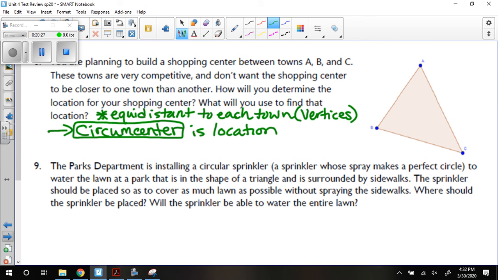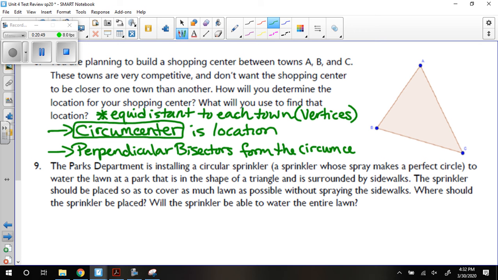Next part of the question, what will you use to find that location? Well, your circumcenter is made using perpendicular bisectors. So you want it to be the circumcenter, and you're going to find the circumcenter using perpendicular bisectors.